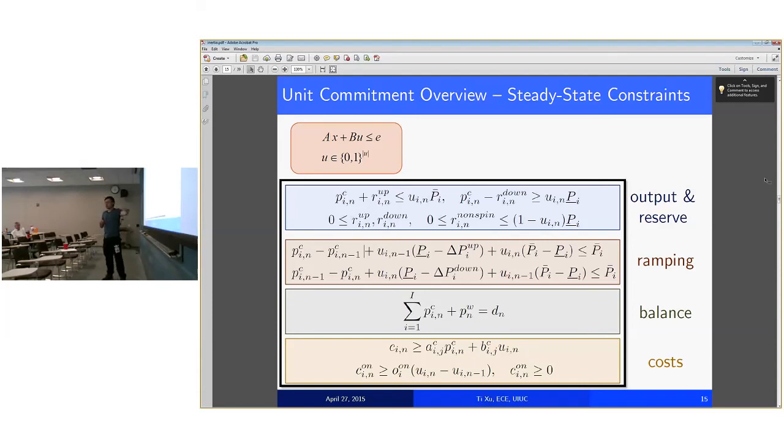Because I do not consider the network, and it's a lossless system, it's just that the sum of the real power is equal to the demand we have in the system. And here's the piecewise linear cost model for the generator. I don't use the quadratic cost function for the unit.